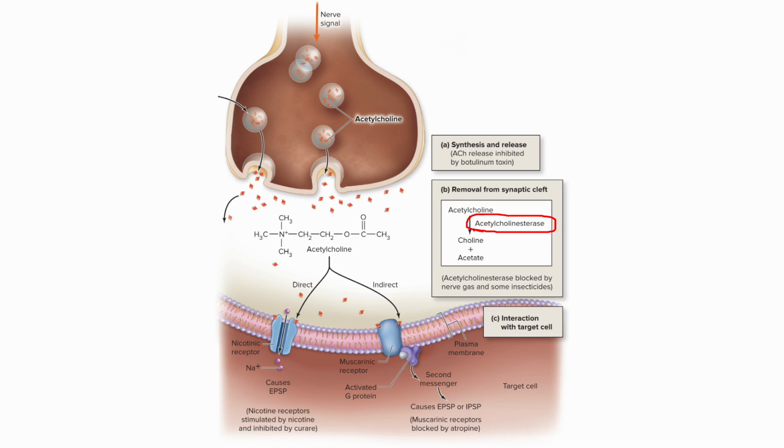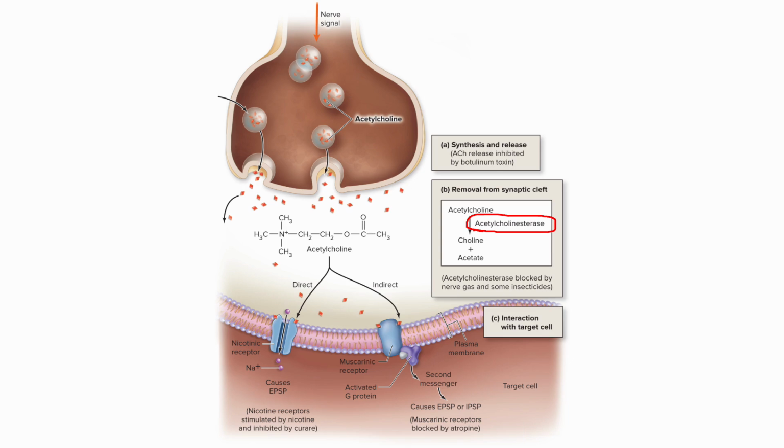Once the acetylcholine is released into the synaptic cleft, this enzyme metabolizes it, or breaks it down, into choline plus acetate so that we don't have this neurotransmitter indefinitely present in the synaptic cleft. That would not be a good thing.